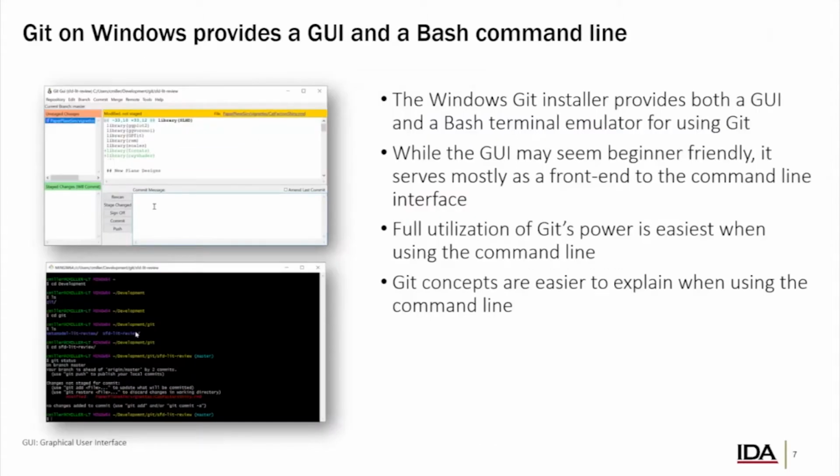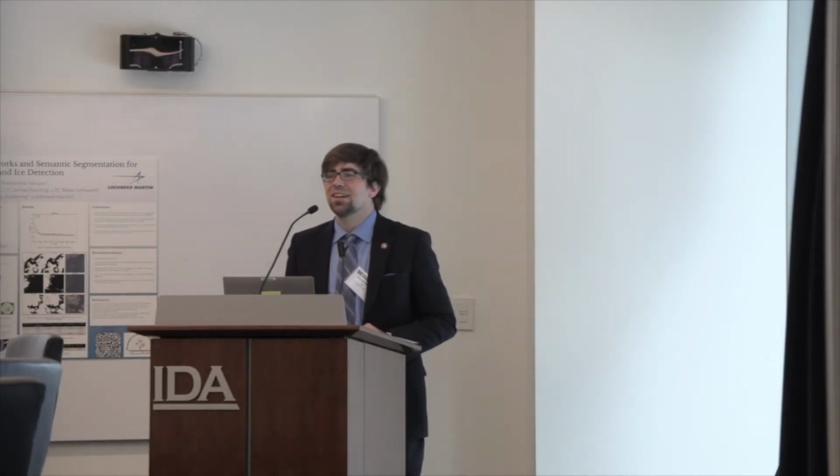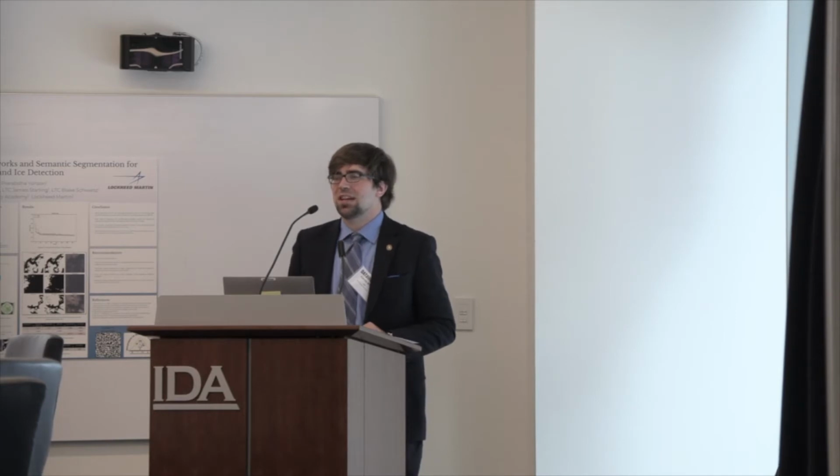So on Windows, it's coming with Git. When you install Git onto Windows, it's coming both with a graphical user interface and the bash terminal. The GUI may be user-friendly, but to be completely honest, I think if I've ever opened it, it was by accident. I have never really opened it intentionally.